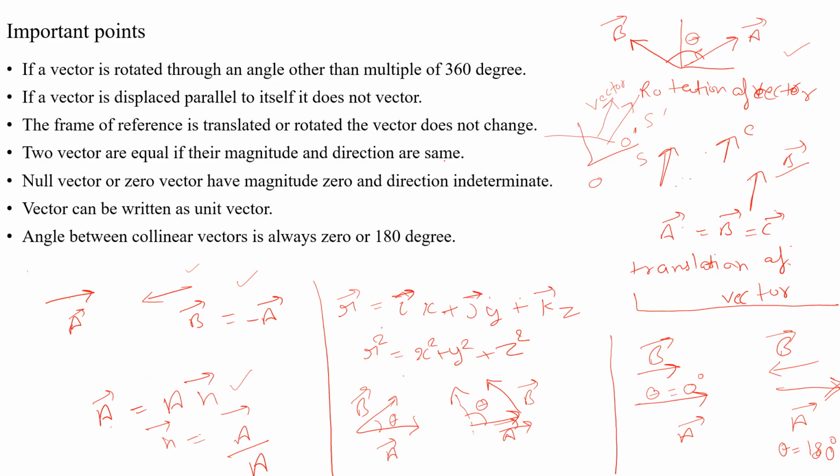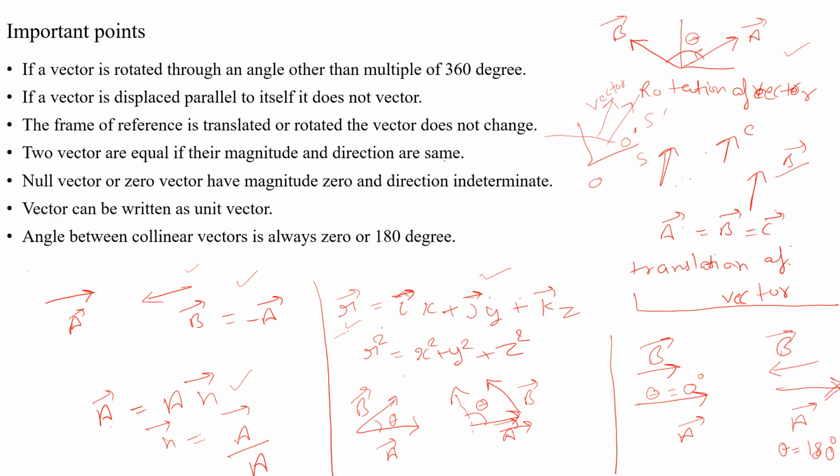So if the coordinates of a point are x, y, z, then the position vector is r vector equal to i vector x plus j vector y plus k vector z. Then r square is equal to x square plus y square plus z square.